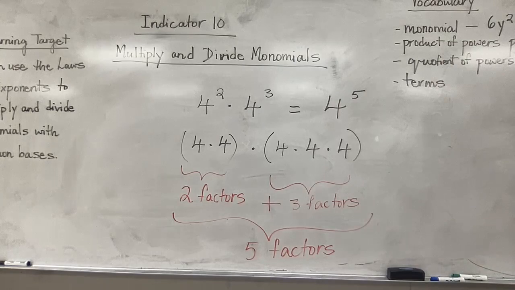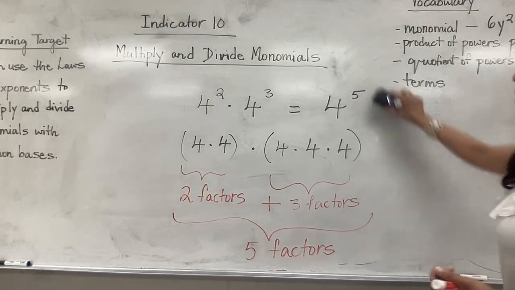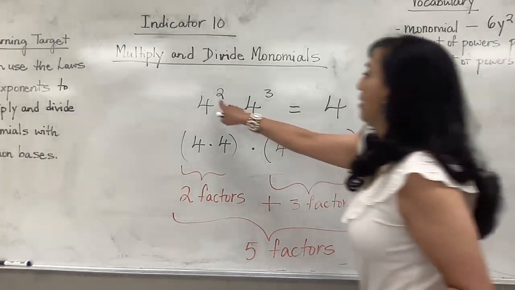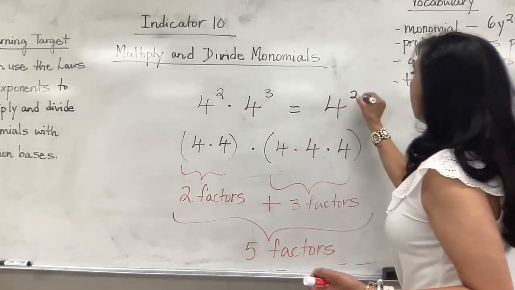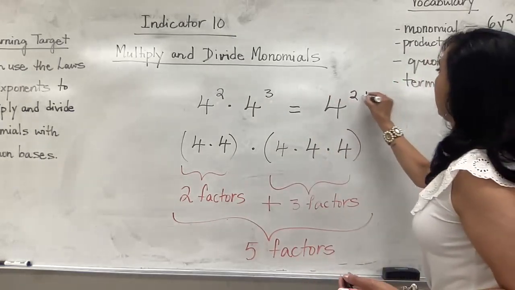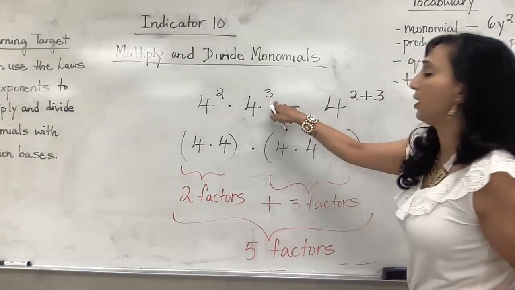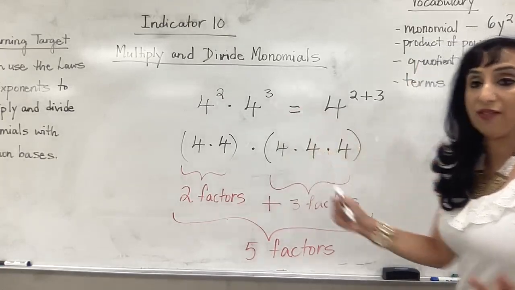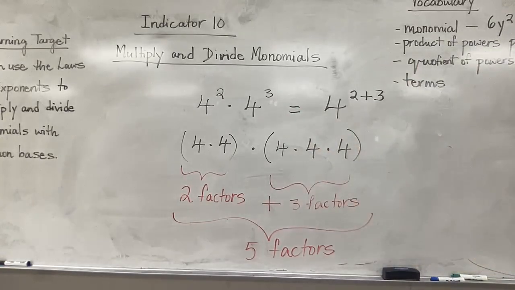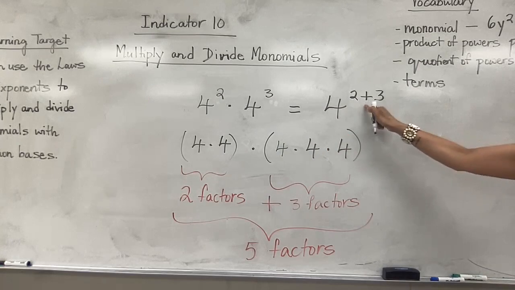And how did we get that? Notice that the sum of the exponents of the original powers is the exponent in the final product. So basically, what am I doing? I am taking 4 squared and adding the cubed over here, because they have the same base, which is 4. And so what is 2 plus 3?